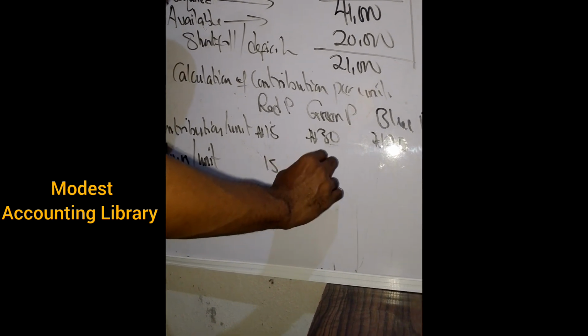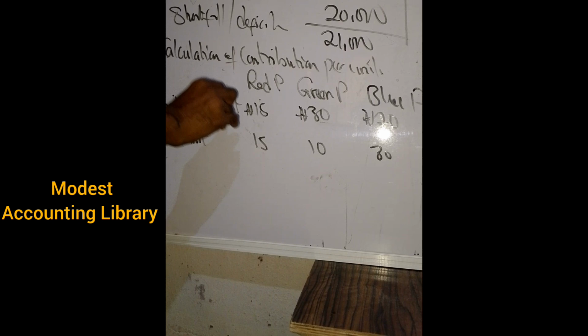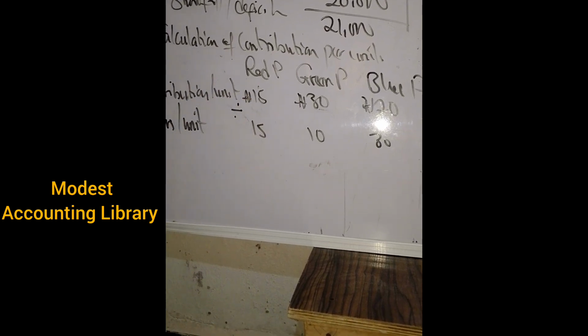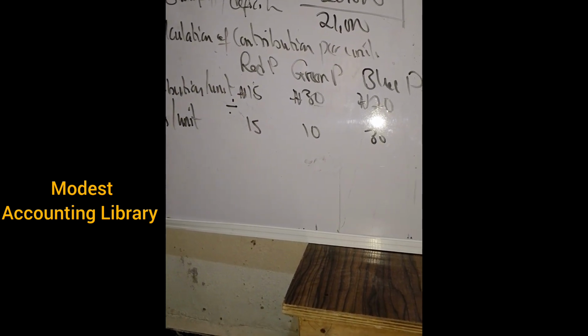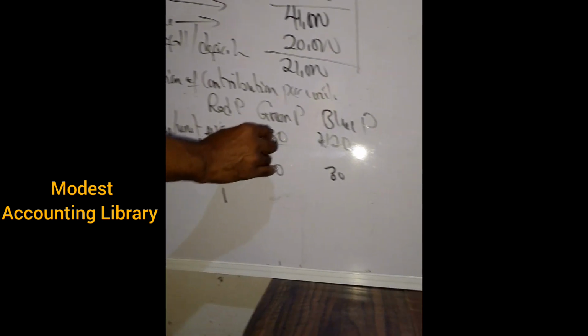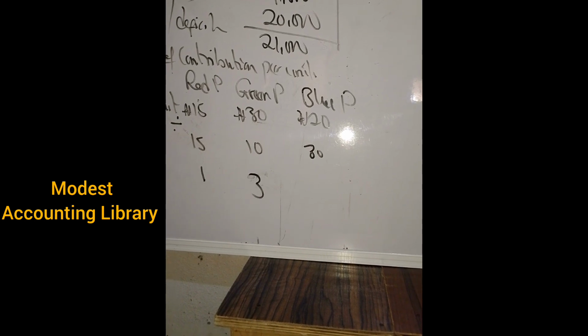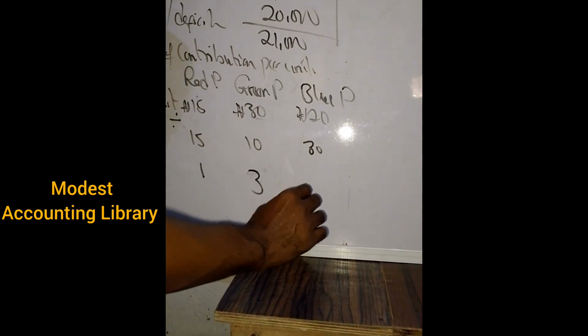What is the next thing? I need to divide all through. This divided by this will give me 1, this divided by this will give me 3, and 20 divided by 30 will give me 0.67.